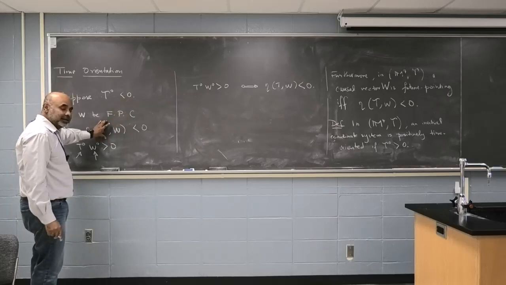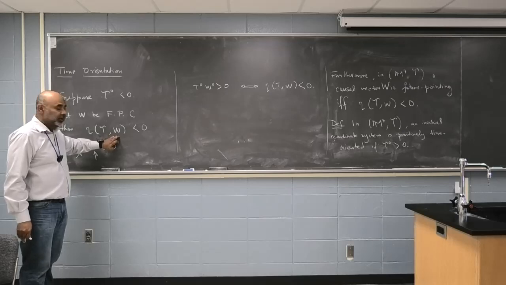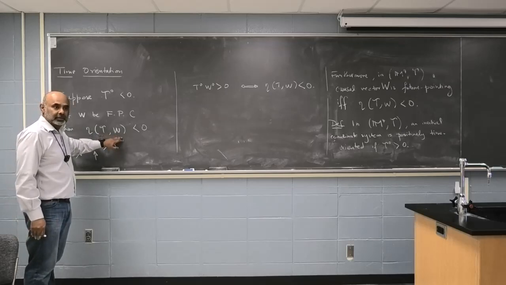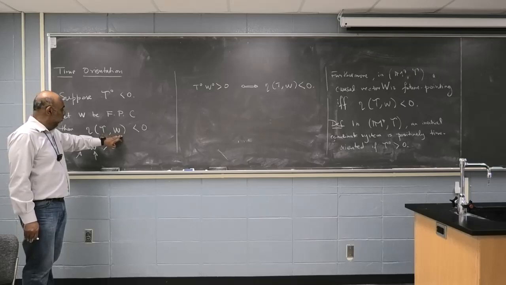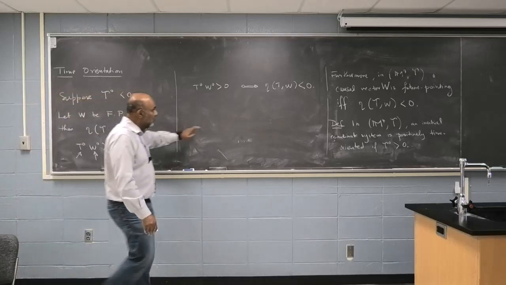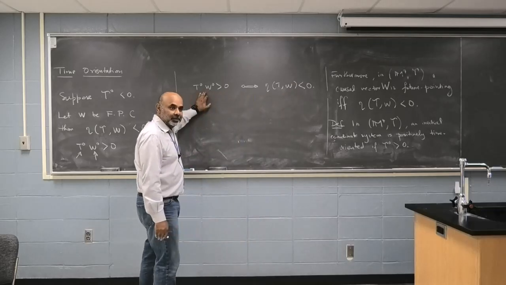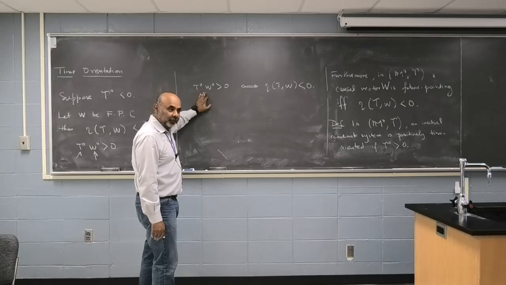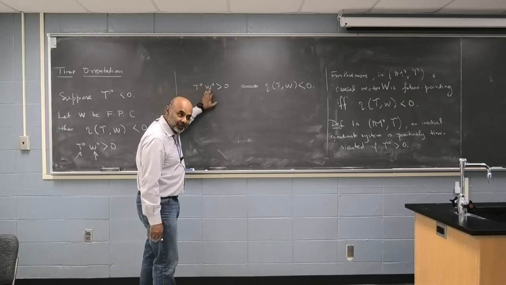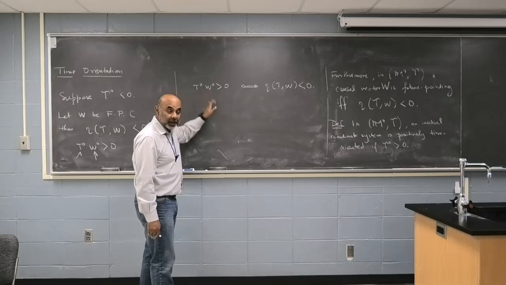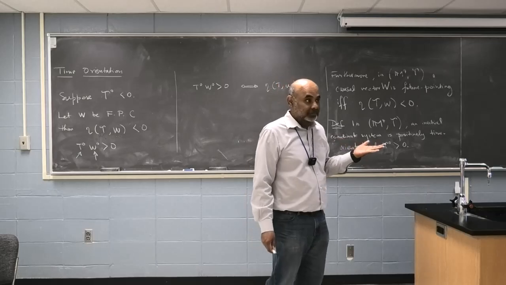This is what it means in any coordinate system for W to be future pointing if this guy is. So if this is going to be less than 0, T0, W0 has to be greater than 0. Therefore, if T0 is less than 0, W0 has to be less than 0. And W is any causal vector.